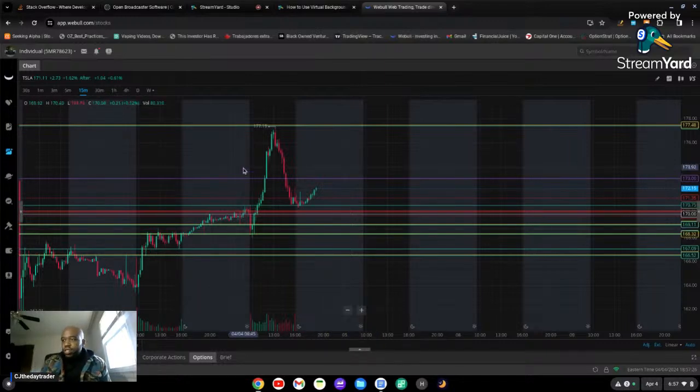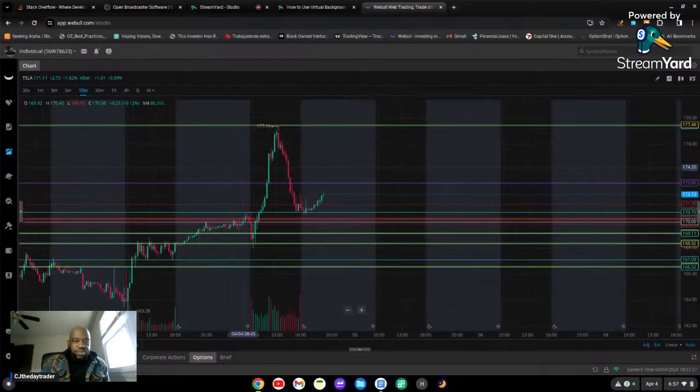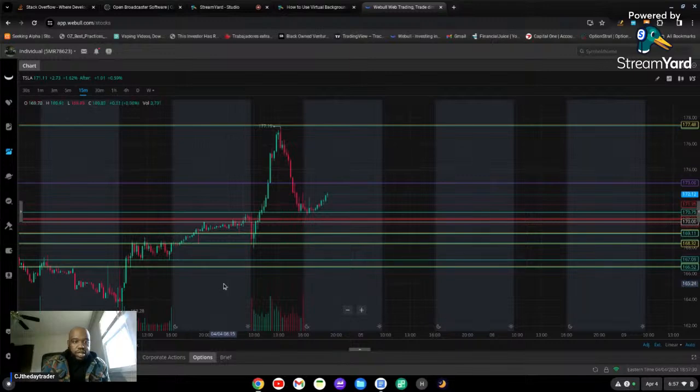So you're going to see some lines on my chart. If you see a line that is green, that represents a demand level. That represents a level where the price has bounced up off of this level or this line in previous history. If you see a red line, that means that's where price rejected and pushed down previously in the past.